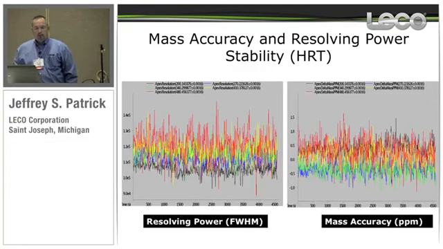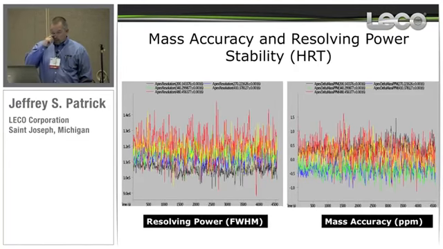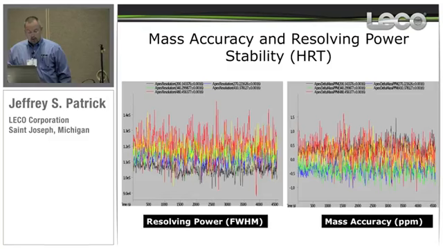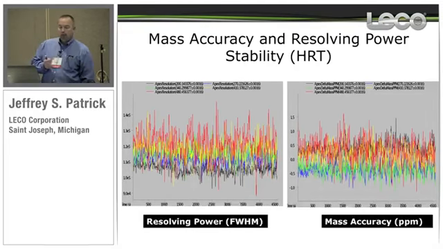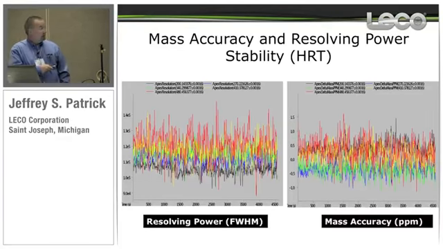Systems have to have stable resolving power, and they have to have stable mass accuracy. So this is a plot of resolving power here and mass accuracy here versus time. It looks very chattery with a little bit of noise, but if you look at the scale, it's actually quite tight in a relative perspective.